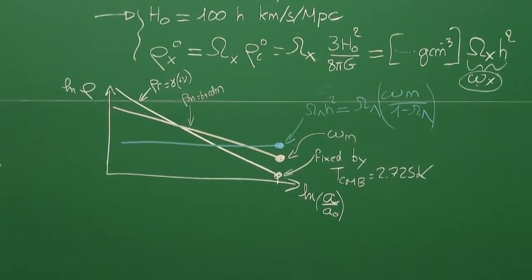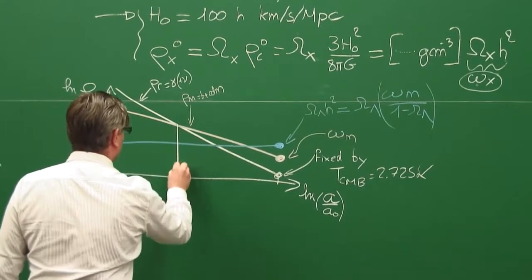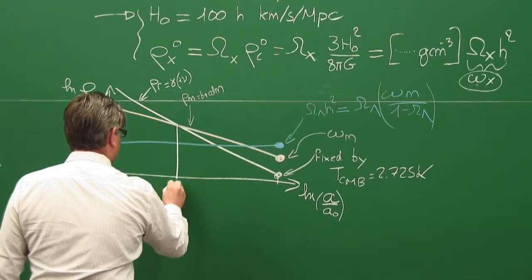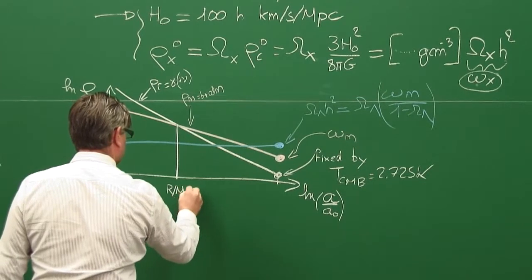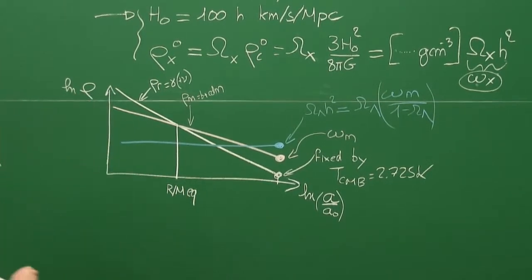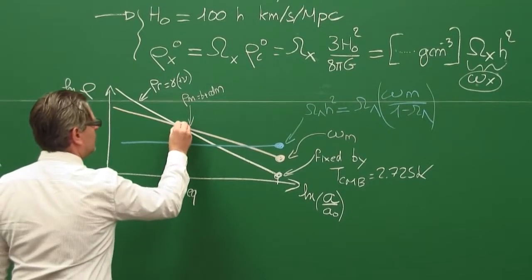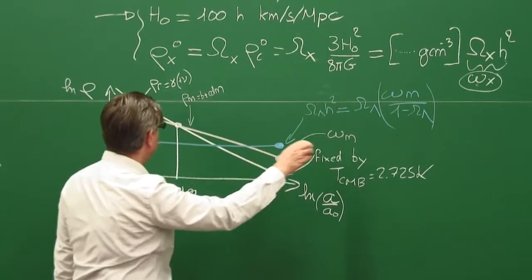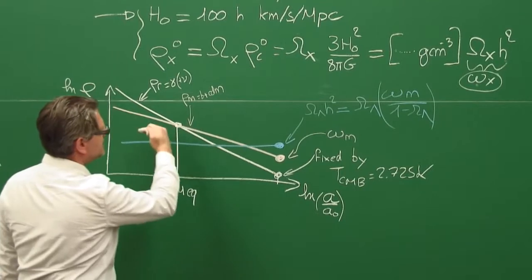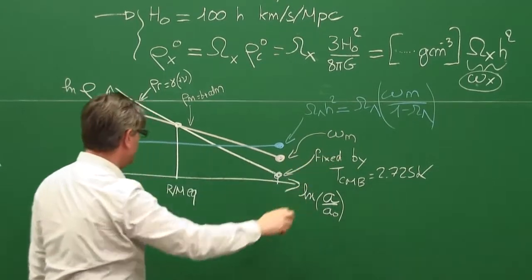And automatically, I see a few characteristic times appearing. The time of equality between radiation and matter is here. And in my parameter basis, you see that it is uniquely determined by omega m. The white curve is fixed, the red curve moves with omega m.